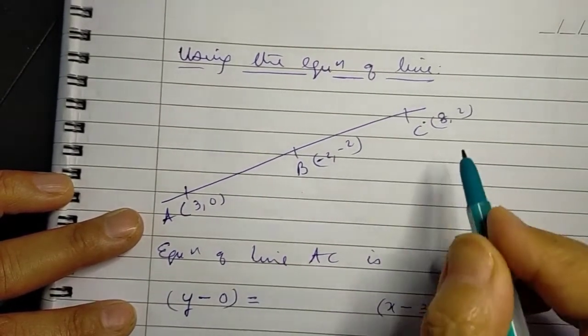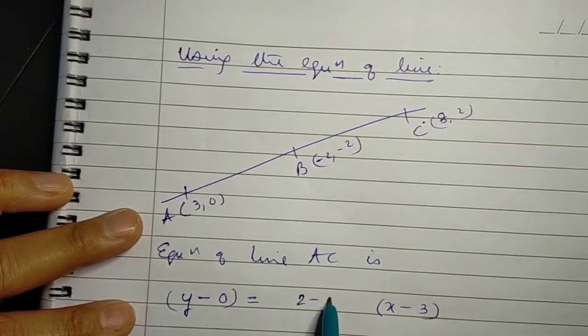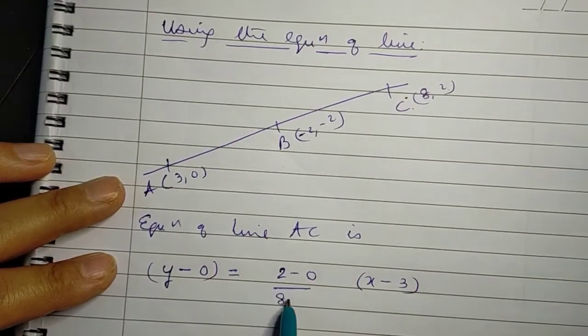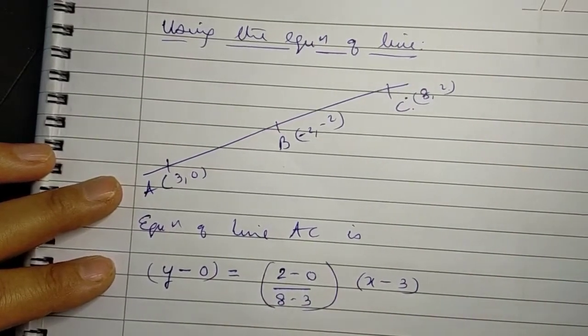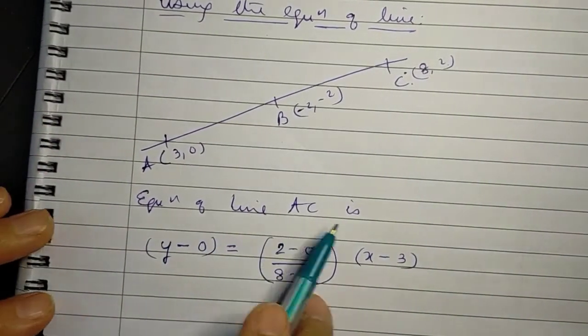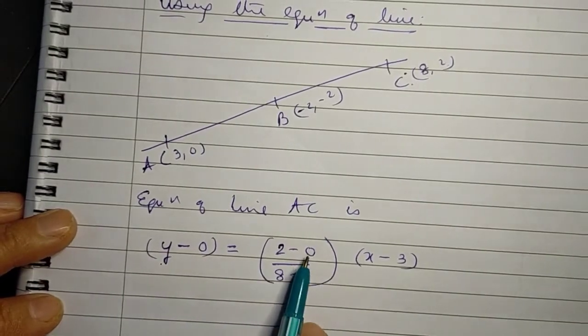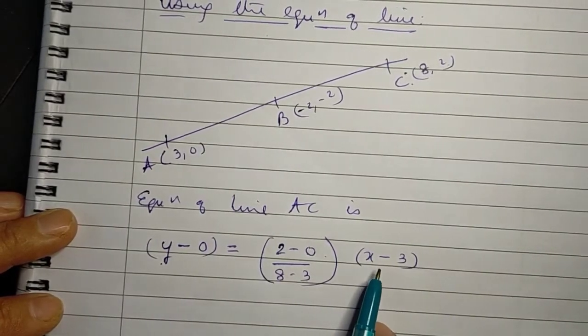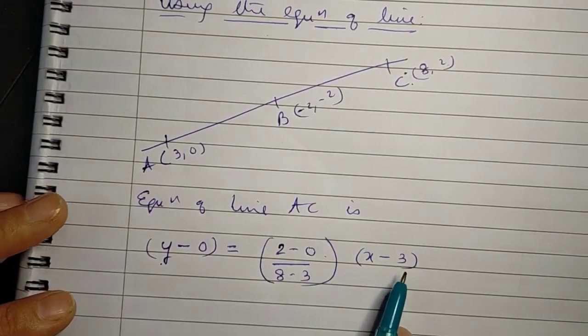Now what is the slope? (y2 minus y1), that is 2 minus 0, upon (x2 minus x1), that is 8 minus 3. So the equation of the line AC becomes y minus 0 is equal to (2 minus 0) upon (8 minus 3) times (x minus 3).